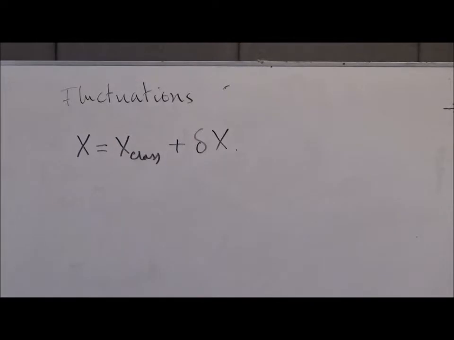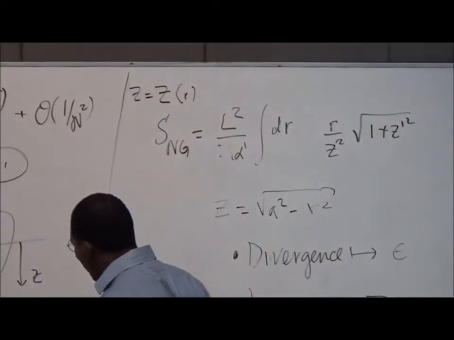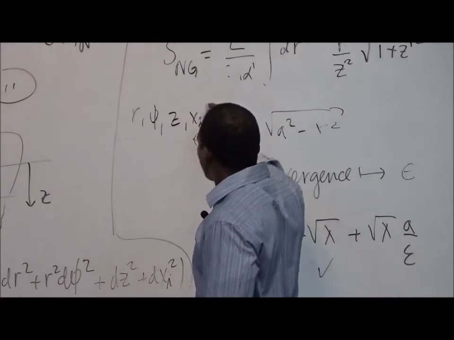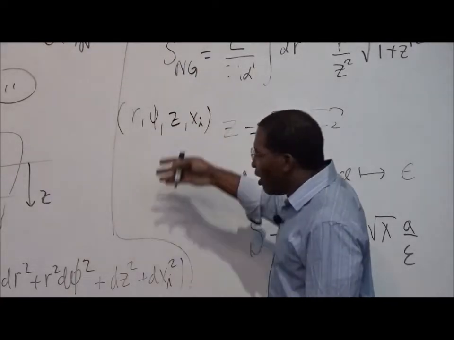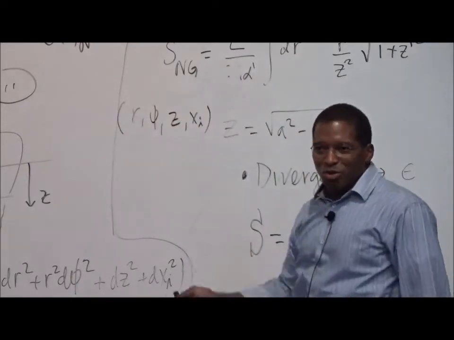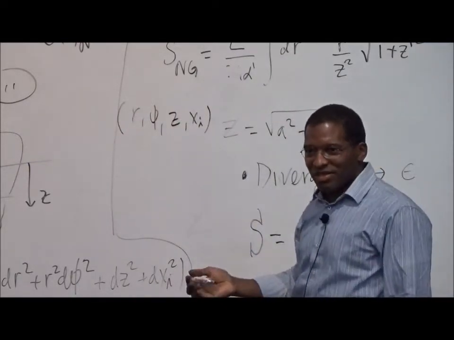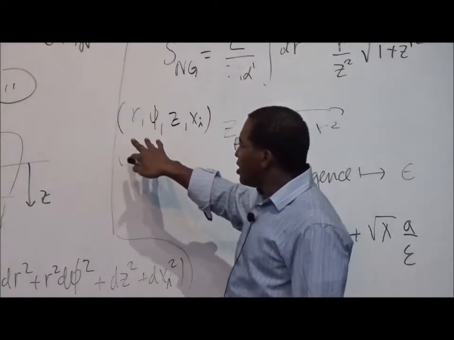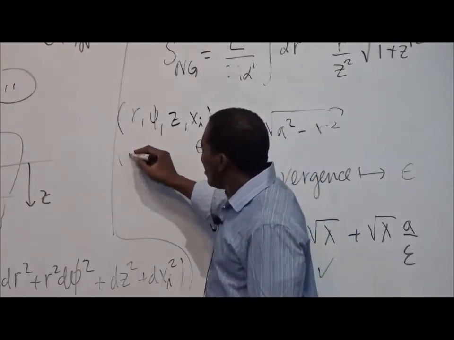So here what I did was I had all the coordinates of, let's say, AdS5: r, phi, Z, x_i. I need to tell you what they do to become this minimal surface. And what I said is that, okay, I'm looking at a string, so this is going to be like tau, sigma.